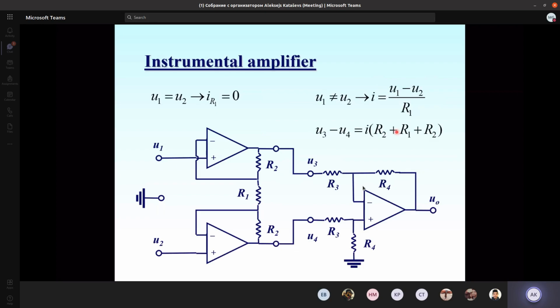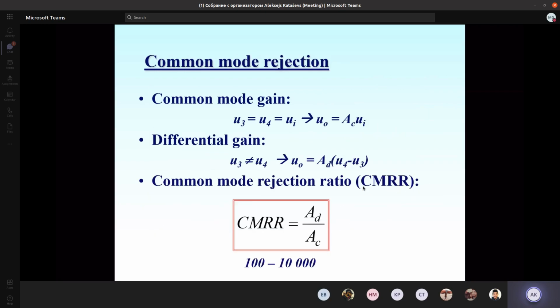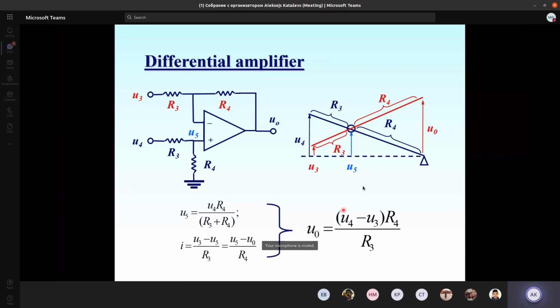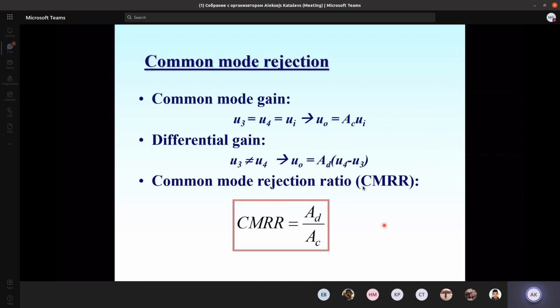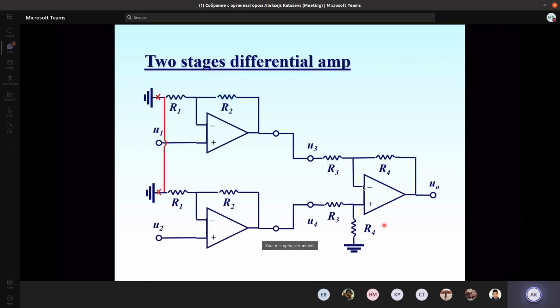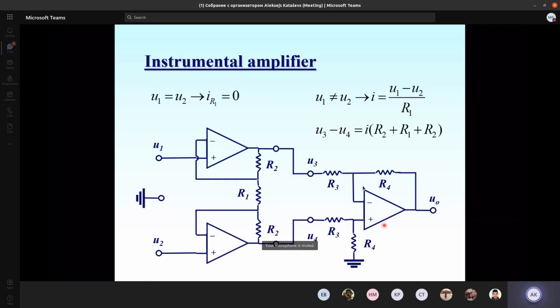Then we put this U3 minus U4 and add it to the differential amplifier expression for U4 minus U3, and finally I will get the final equation. I have to write it down now.